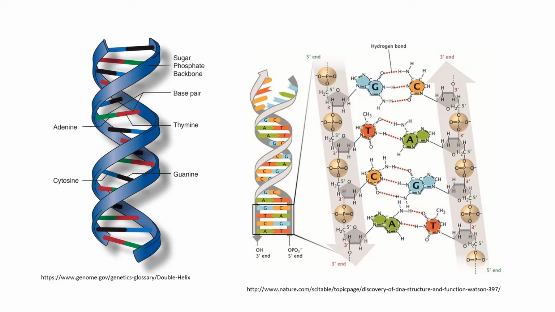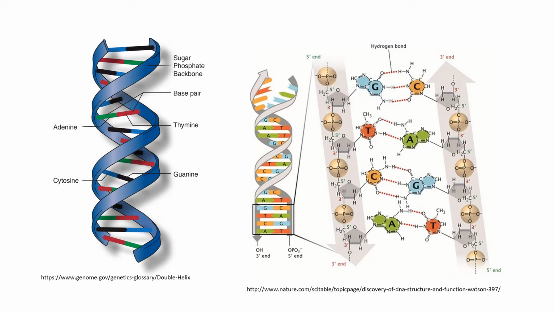And that in turn is hooked into a phosphate group, an atom of phosphorus linked to 3 oxygens. And the phosphate and sugar portions form the so-called backbone of the DNA. And from that, sticking inward are the bases. And the bases then bond to each other through hydrogen bonds.